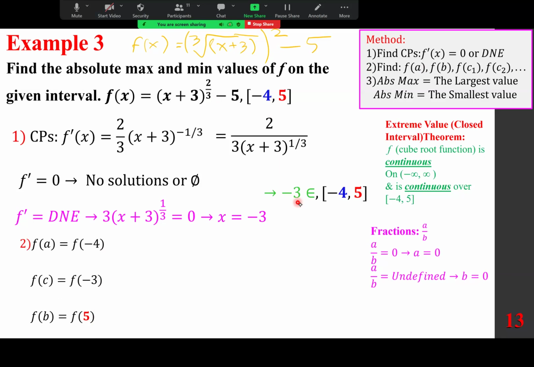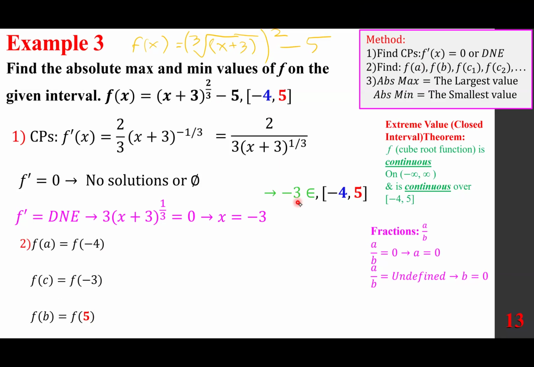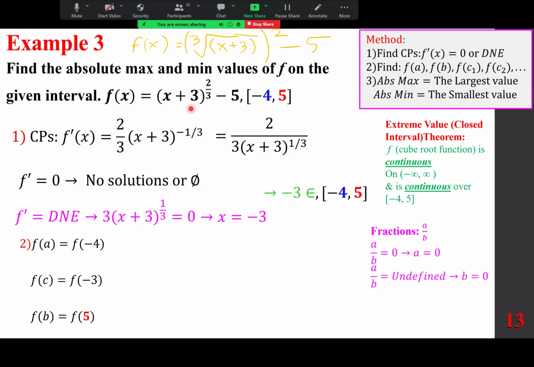That's a pretty simple process, everybody. We are going to go back to the original function. And by the way, it's easier to go with this one. If you plug in negative 3, this goes to 0. So the answer is minus 5.